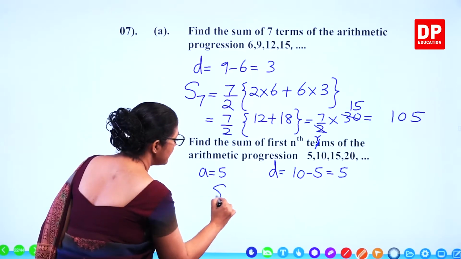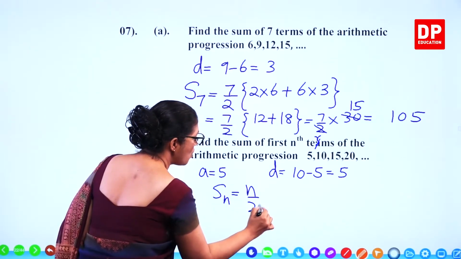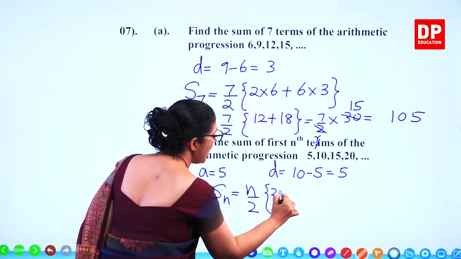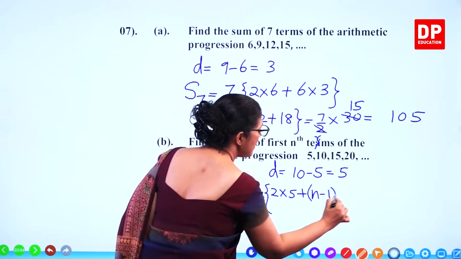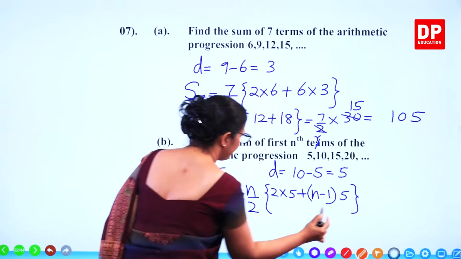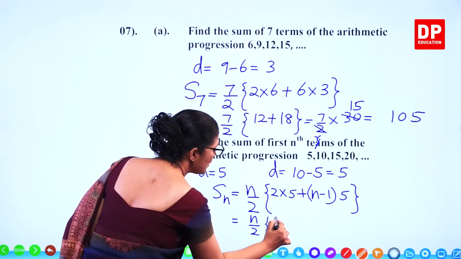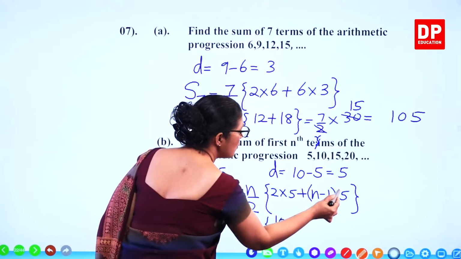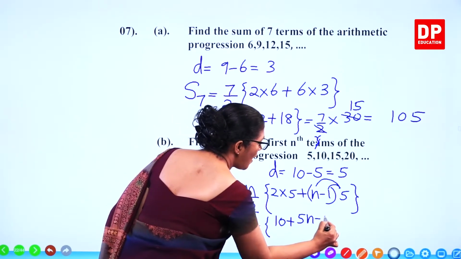So Sn equals n over 2, 2a, 2 times 5 plus n minus 1 d. d is 5. n over 2, 5 times 2, 10. Here you can multiply these two, 5n minus 5.